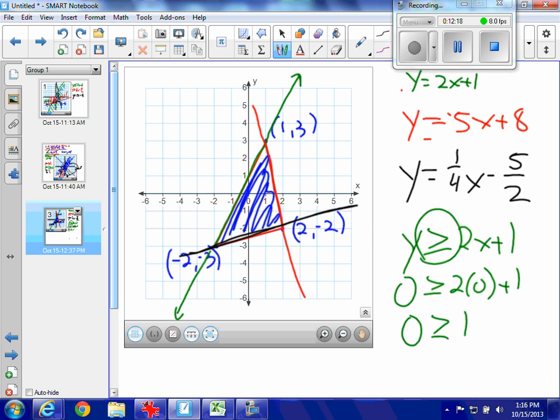So now I can go back to my first equation up there. Let's just change it. And I can say y is less than or equal to 2x plus 1. Because I know it's not greater than or equal to 2x plus 1. It's less than or equal to 2x plus 1. Does that make sense to everybody? You sure? So if I was shading in just the line, I would be shading in the part here.